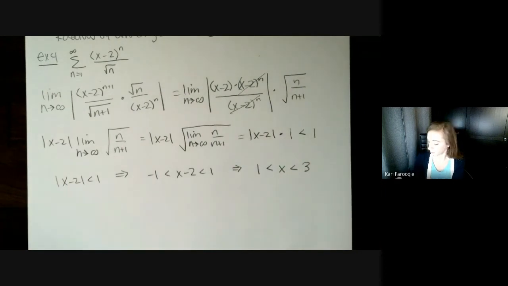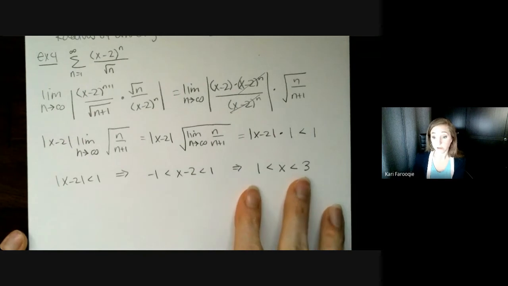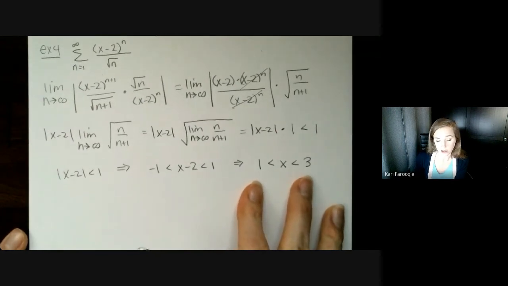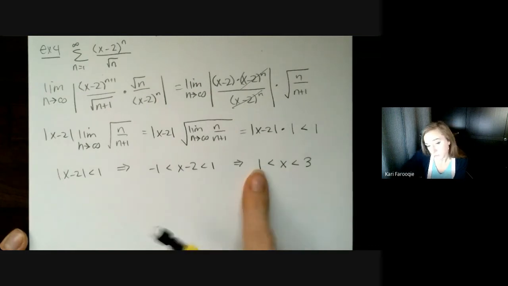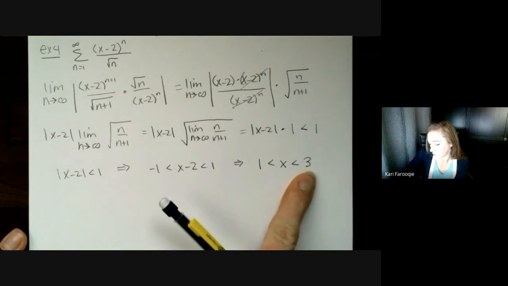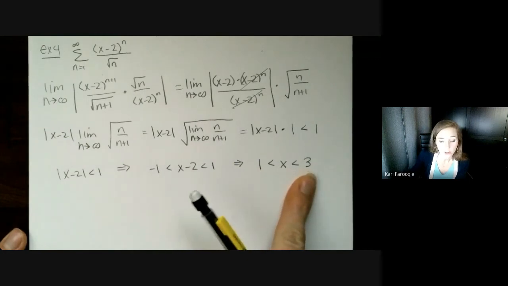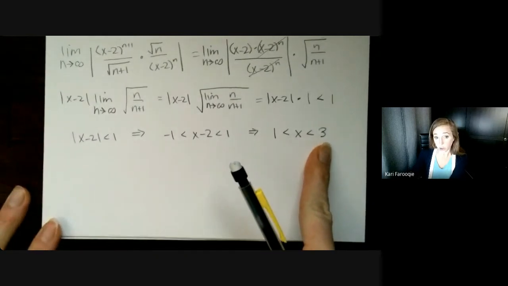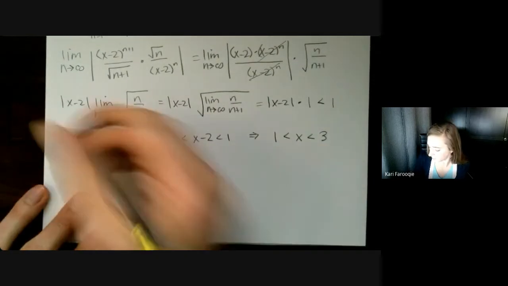Okay, now don't put a box around this yet. This is maybe your interval of convergence, but remember we have to check the endpoints. It's possible that maybe if x equals 1, you're going to get convergence, or maybe if x equals 3. But we're not going to know until we test the endpoints. So you're close, but we're not there yet.